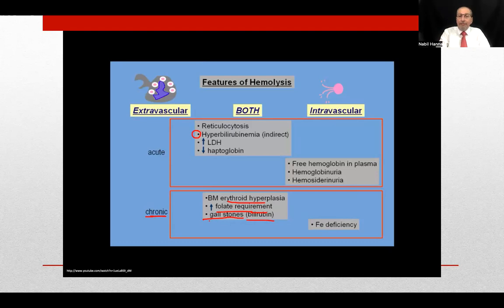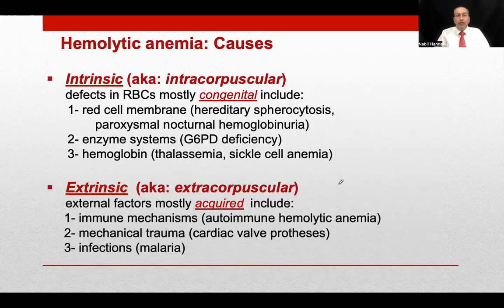And on the long run, also, when you have intravascular hemolysis and you keep peeing iron as hemosiderin, you get iron deficiency. So the causes of hemolytic anemia, or why hemolysis occurs, either intrinsic causes, aka intracorpuscular, and they are usually congenital, like problem in the cell membrane, hereditary spherocytosis; enzyme problem, G6PD deficiency; hemoglobin problem, hemoglobinopathy, thalassemia, or sickle cell anemia.